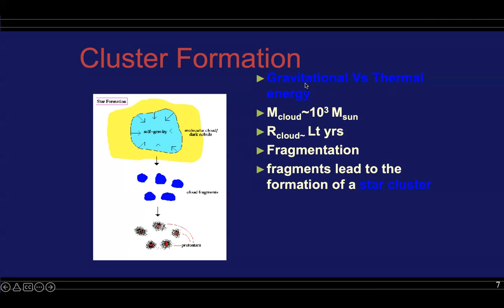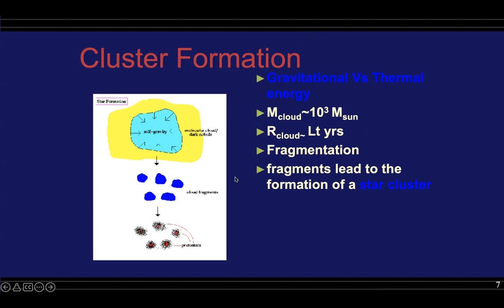If gravity wins, you have star formation taking place, and if the thermal energy is larger, then the cloud does not collapse. The clouds are of the order of 10 to the power of 3 to 10 to the power of 5 solar masses, and the radii of these clouds run into light years. They are huge clouds.